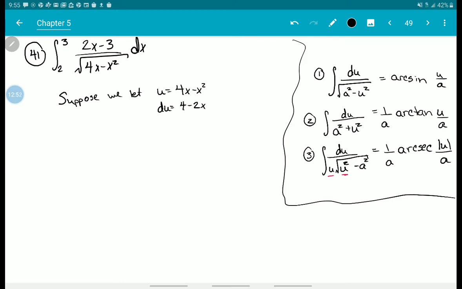So let's do some clever stuff here. Let's rewrite this. What if we were to rewrite this this way? Let's factor a negative out of the top.